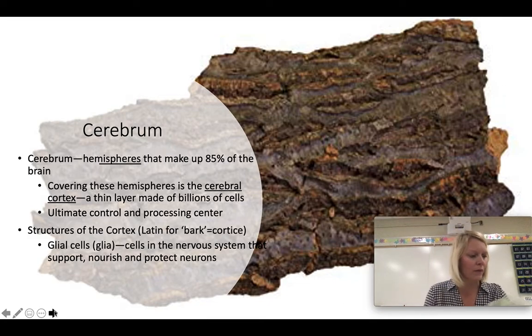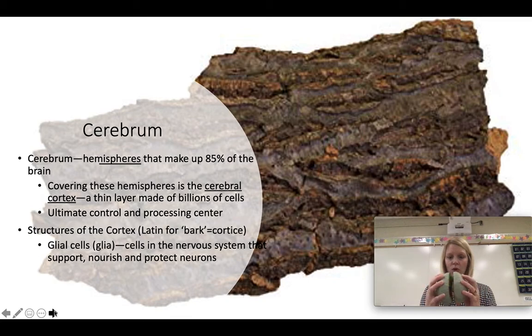So when we talk about the cerebrum, I brought a little brain here with me. I wish you could see this at school. By the way, this is right back here, the cerebellum, the little brain. So this is what we consider the two hemispheres, if you will.